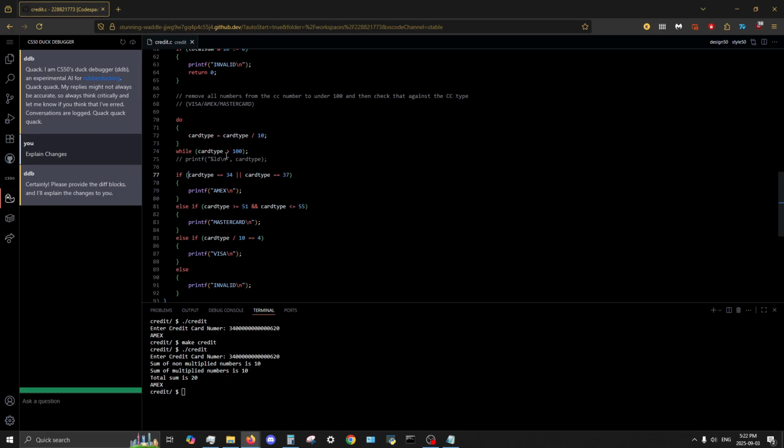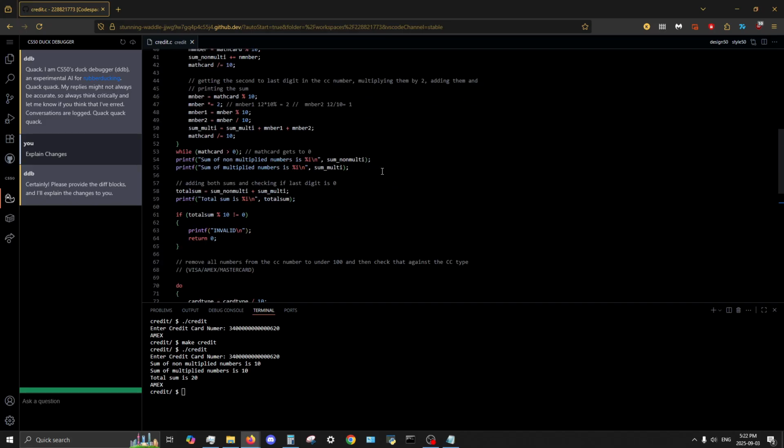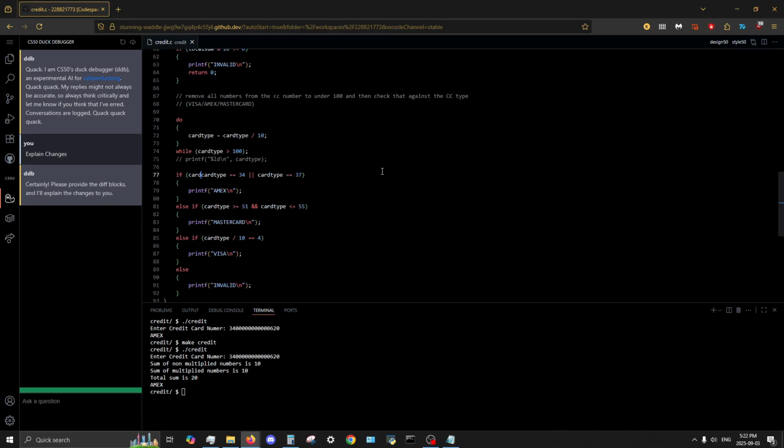So if card length equals Amex, what is it, 16, and card type, and print card length.